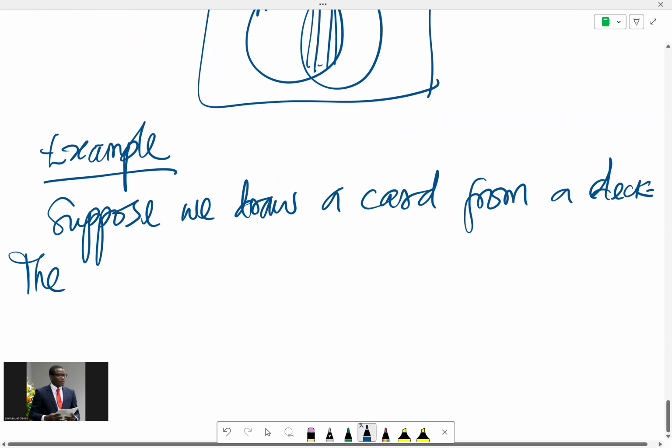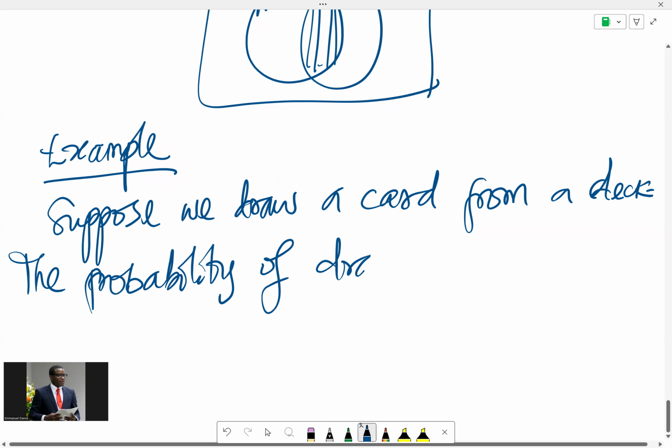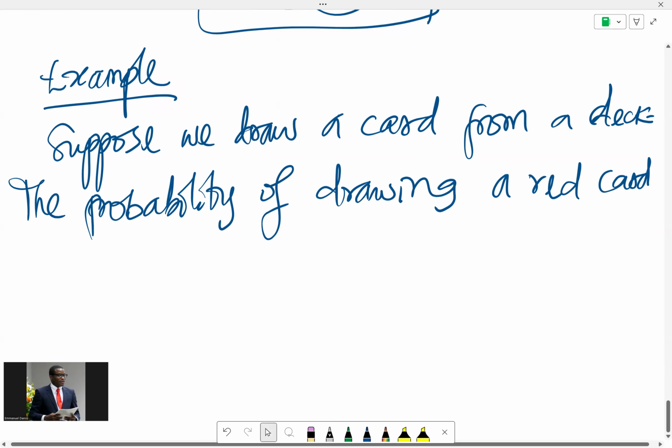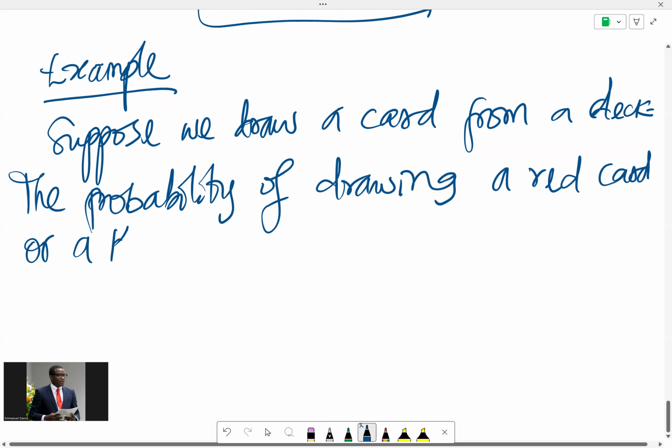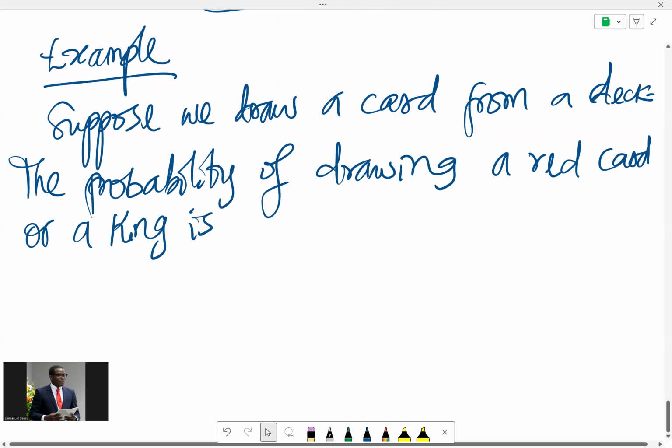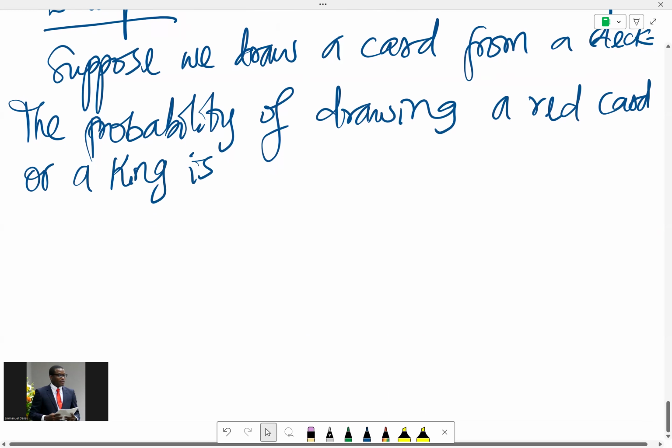So the probability of drawing a red card or a king is, now there are some red cards that are king cards, right?